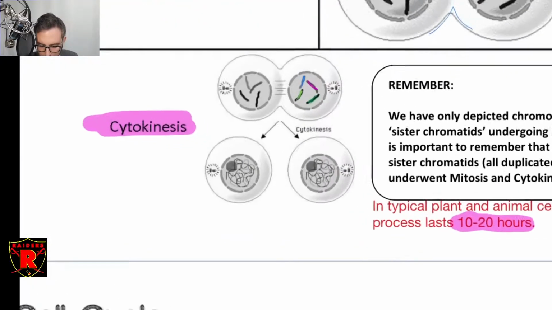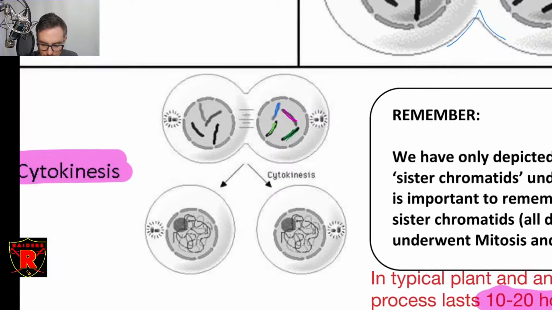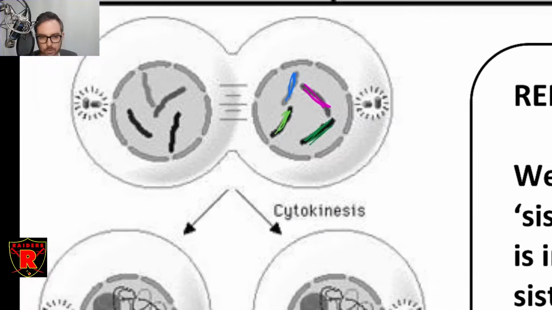Something to keep in mind, there would be far, far more of these at the end. And another thing to keep in mind, when we started this, there were 4 chromosomes in the original organism, and each cell at the end is also going to have 4. They will have the identical number. So you're making an exact copy of your cell.